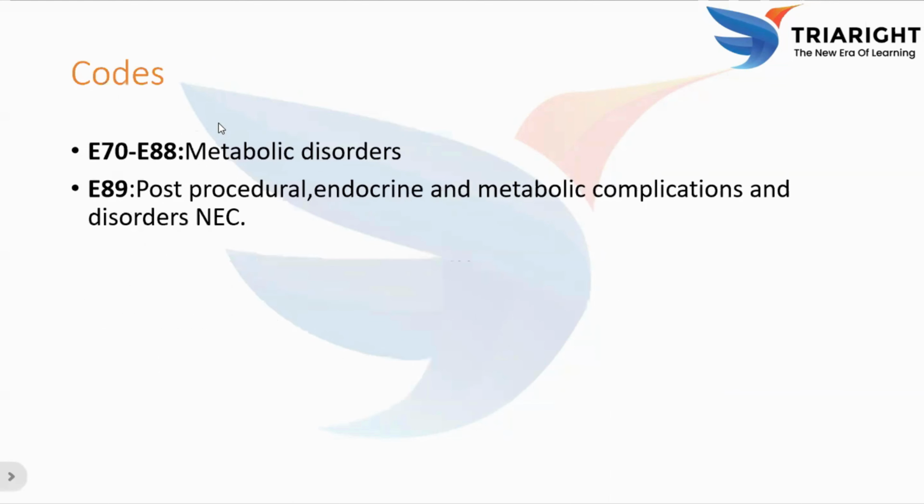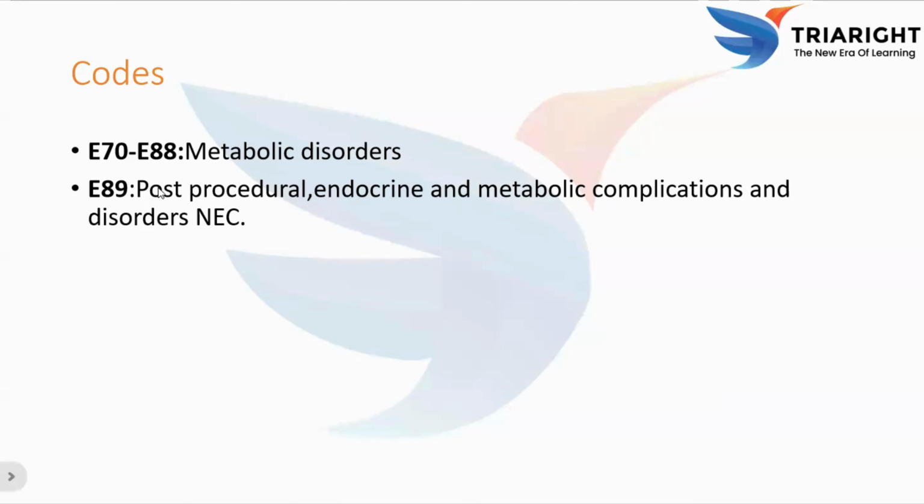Coming to the next code range, E70 to E88. These codes include conditions where the body has problems processing or breaking down nutrients such as proteins, fats or carbohydrates. Metabolism means all the chemical reactions in the body that help convert food into energy. When something goes wrong in this process, it causes metabolic disorders.